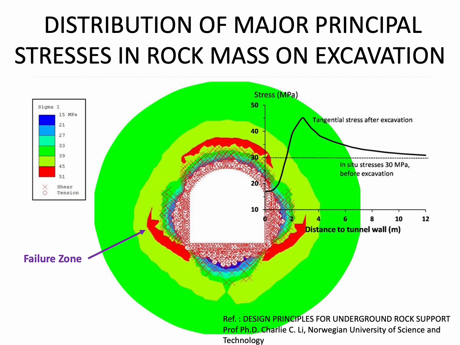As the distance to the tunnel wall increases, the tangential stress first increases and thereafter starts decreasing, and in this example the maximum tangential stress is at a distance of around 2.5 meters from the excavated wall at that section.